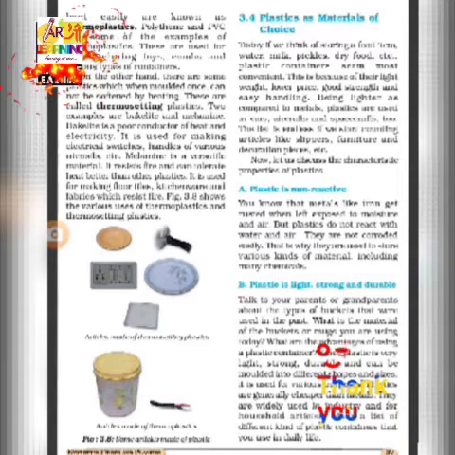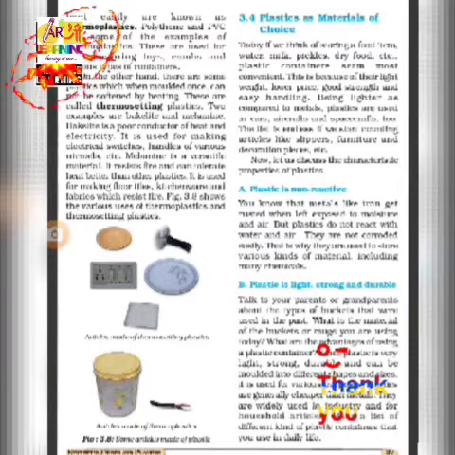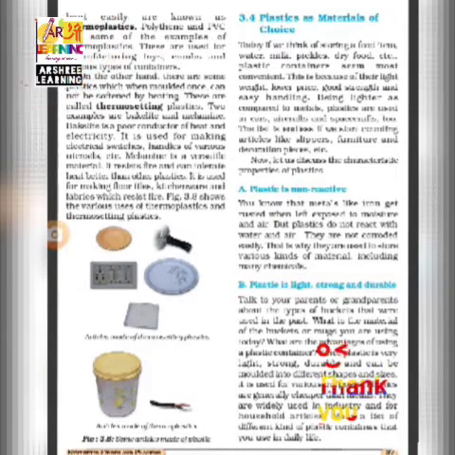The advantages of a plastic container are that plastic is very light, strong, durable, and can be molded into any shape. Therefore, most of the utensils and things which we use are made of plastic.